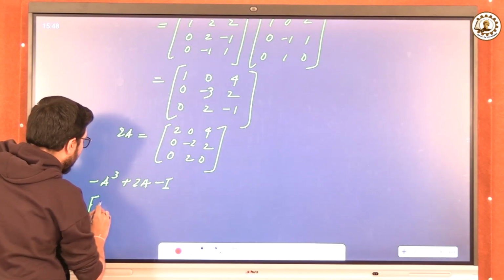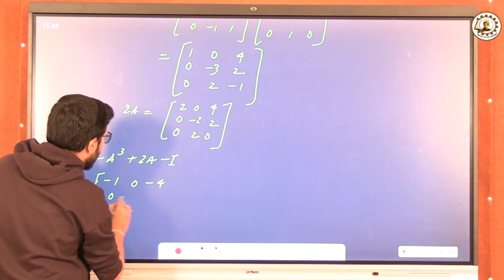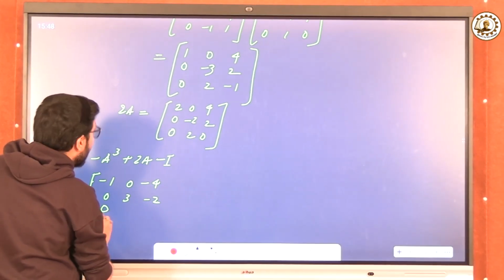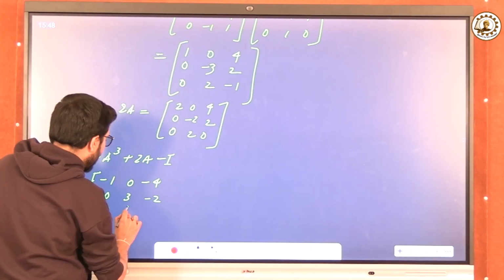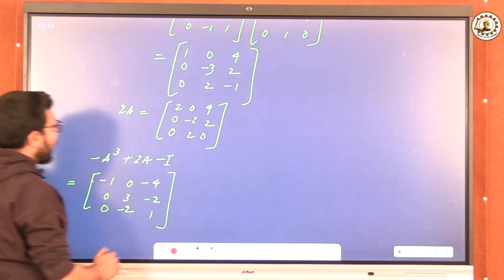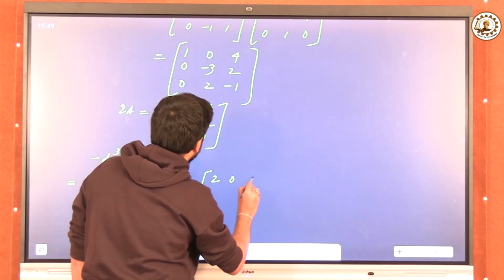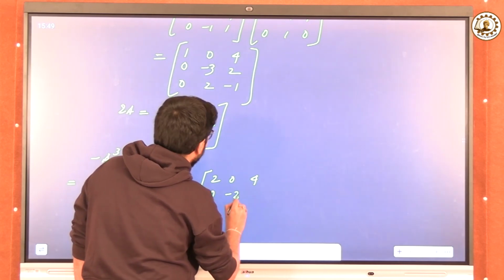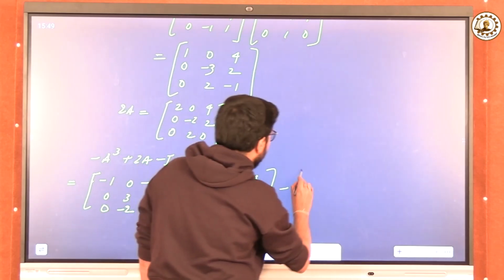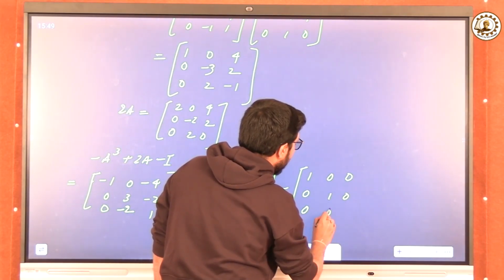So minus 1, 0, minus 4, 0, 3, minus 2, then again 0, 0, 2, minus 2 and 1. This is value of minus of A cube plus twice of A. Twice of A is 2, 0, 4, 0, minus 2, 2, 0, 2, 0 and minus of I. This time 1, 0, 0, 0, 1, 0, 0, 0, 1.